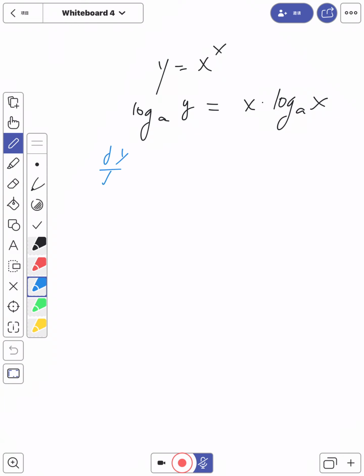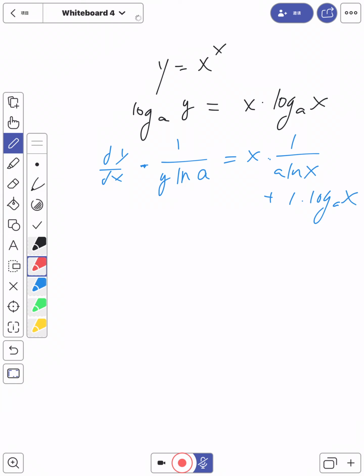The left side is going to be dy over dx times 1 over y ln of a, where a is any constant, and that is equal to x times 1 over x ln a, and then plus, well, I actually did the ordering wrong, but whatever, 1 times log base a of x. So you can see that this is actually pretty complicated.